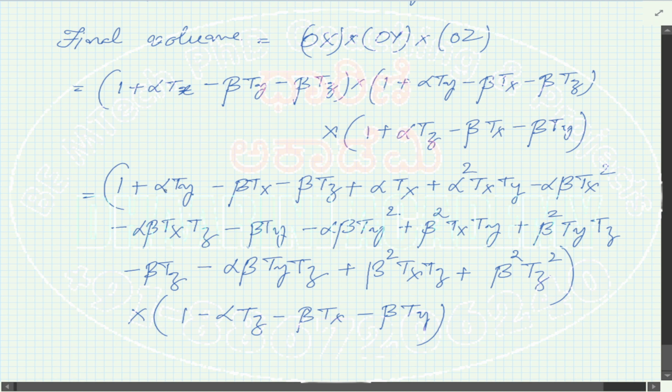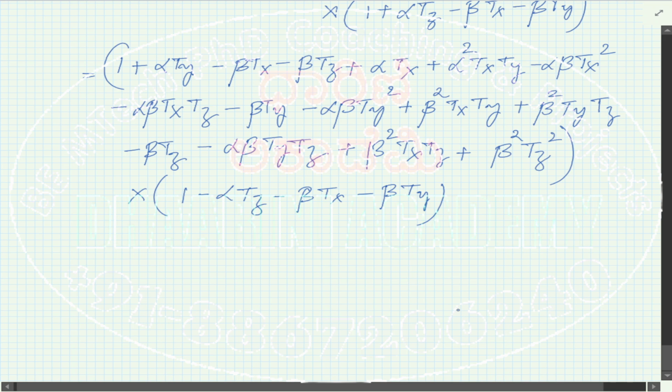I don't think any of the terms will get cancelled here: Ty Tz, Ty square, beta square Tx Ty, minus beta Tx Tz, alpha beta. None of the terms will cancel. So we will go ahead and multiply this further.